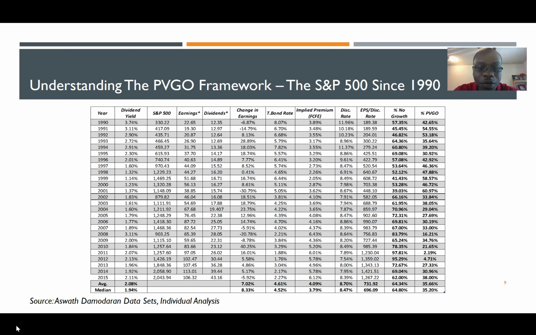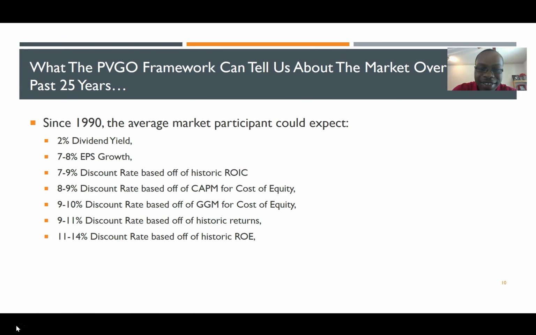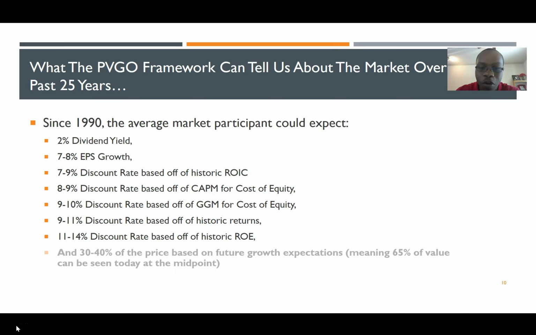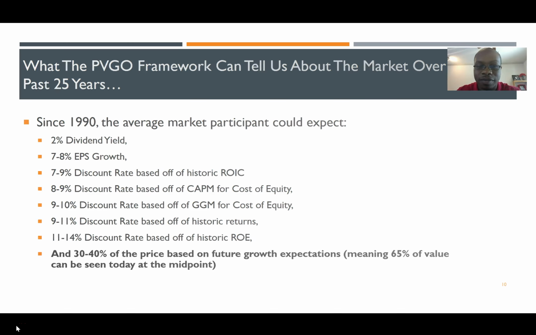I took all these numbers from Aswath Damodaran, and to sum them up, essentially a discount rate, cost of equity, between 8 to 9% is usually where the market's at, and more importantly, PVGO percentage is usually between 30 and 40%, meaning about 60 to 65% of the value you can see today, and 35% of the value is what you can see tomorrow. That's at least baked into the stock price.